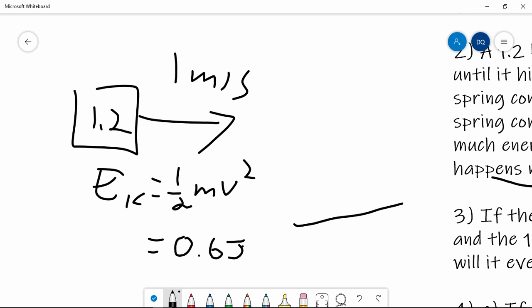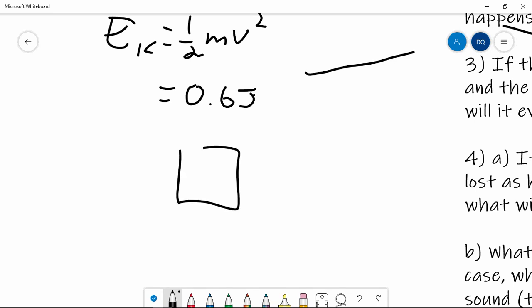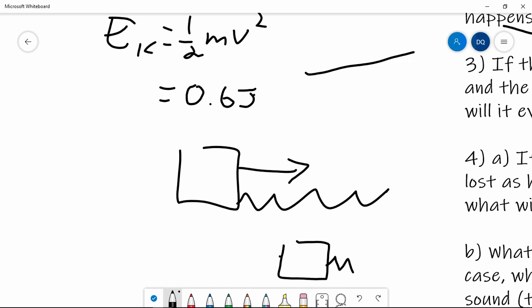So I've got 0.6 joules of energy in that block that's sliding along until that block collides with a spring. So the block is moving along and it hits a spring and it compresses the spring. So the spring is going to push back on the block until it stops, so until that velocity arrow disappears. And the question is, how far has it compressed the spring?